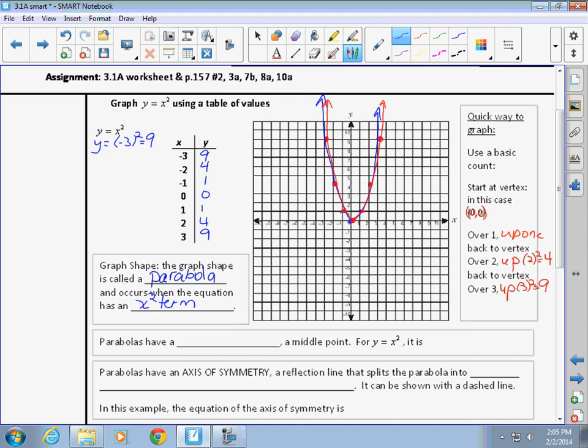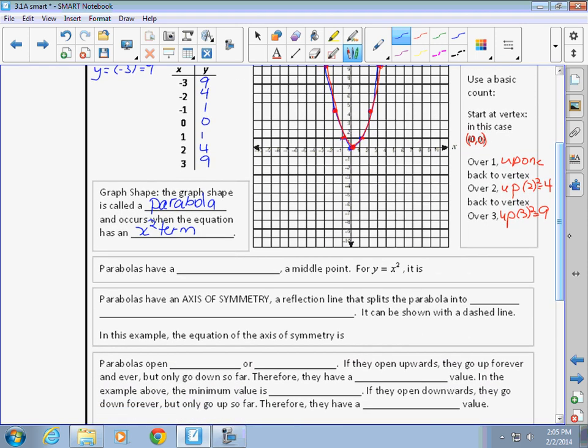Okay, so just a few characteristics. Parabolas have a vertex, which is a middle point. So for y is equal to x squared, the graph that we have, it is at the point 0, 0.